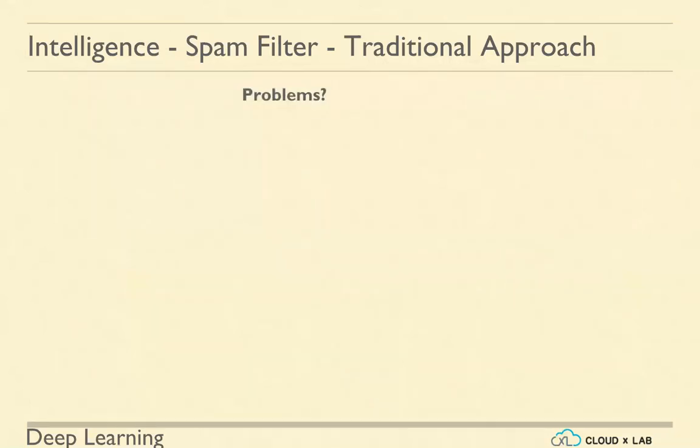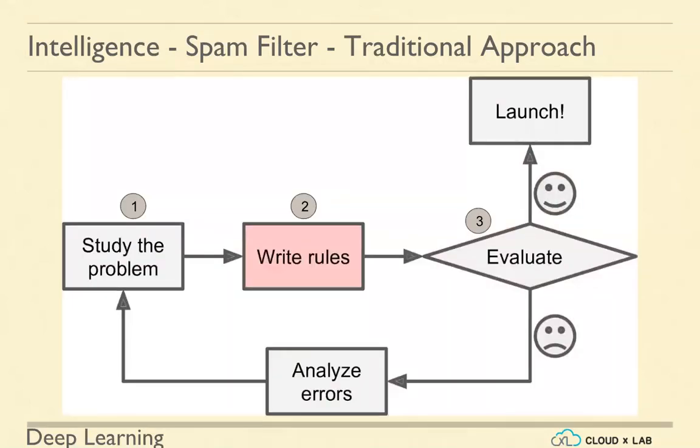The problems, what do you think are the problems with this? Anyone? You can use the chat in order to reply, not the Q&A. So here, writing rules is the human part, that people are writing the rules.